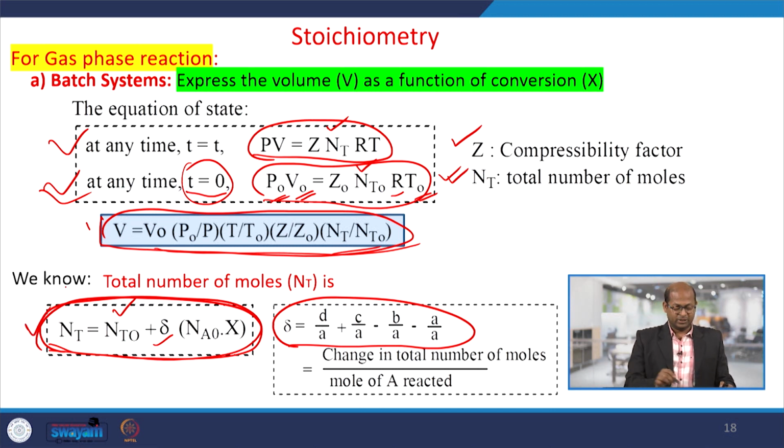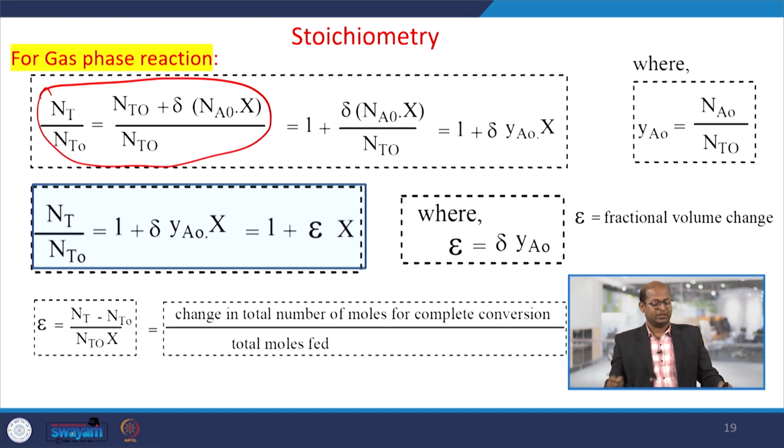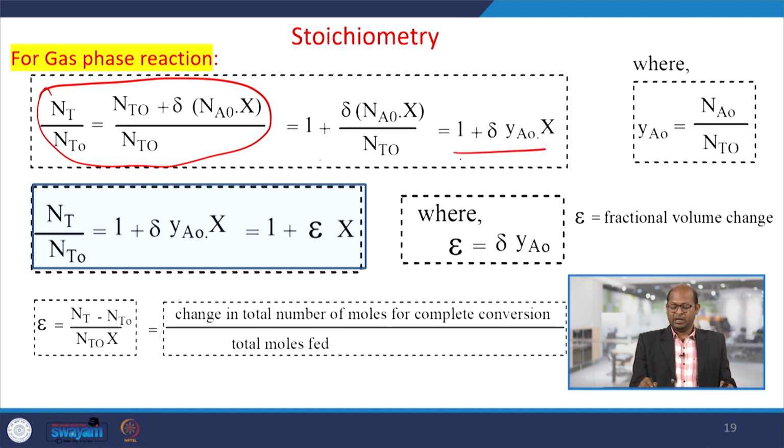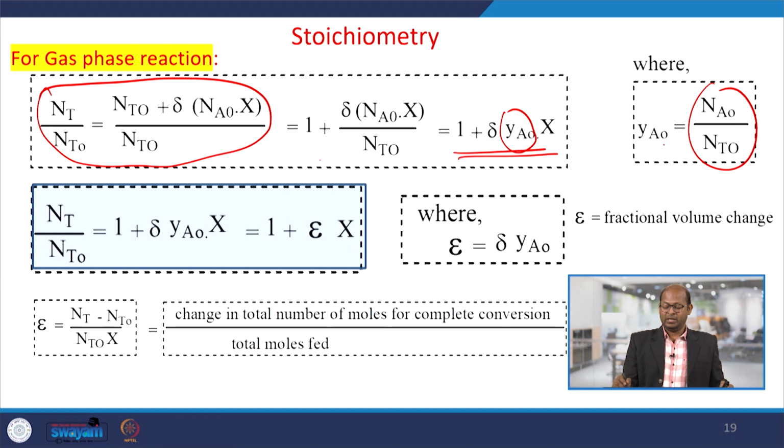So, these equations we can express this way. If you divide both sides by N t naught, then it would come to this. Then the right hand side we can write this way. Okay. So, 1 plus delta y A naught X, where y A naught equals the mole fraction, y A naught equals n A naught by N t naught.